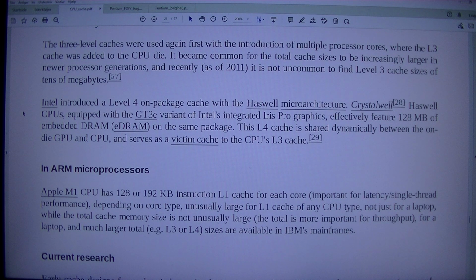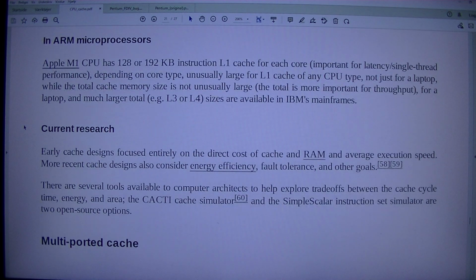Crystal Well Haswell CPUs, equipped with the GT3e variant of Intel's integrated Iris Pro graphics, effectively feature 128 megabytes of embedded DRAM, eDRAM, on the same package. This L4 cache is shared dynamically between the on-die GPU and CPU, and serves as a victim cache to the CPU's L3 cache.